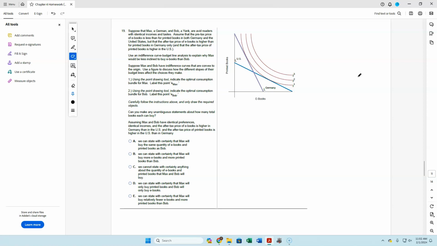The only thing that we really know with any certainty is that Max, the German, is going to buy fewer ebooks and more printed books than Bob because of those after-tax prices, presuming that the books are the same and that their trade-offs between the two goods stay constant. And at least in this case, it should become evident once you start to graph these out, which obviously we can't do here.